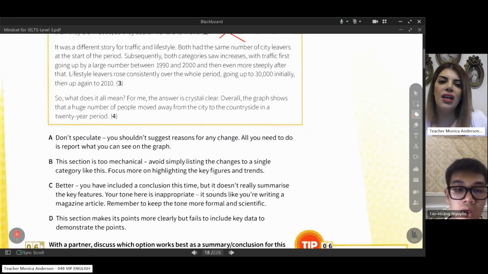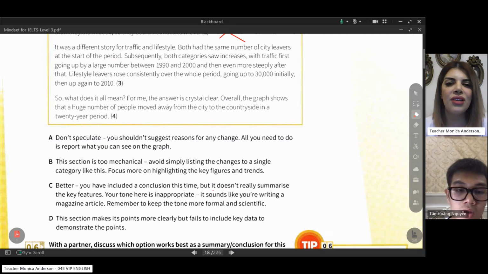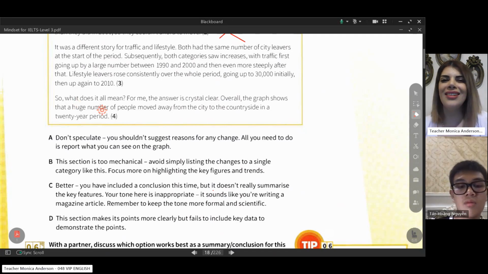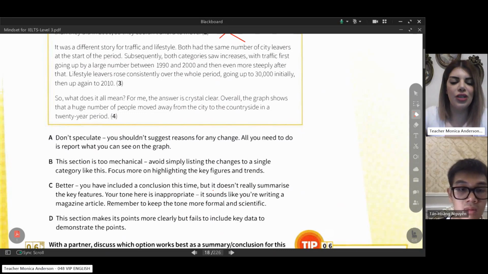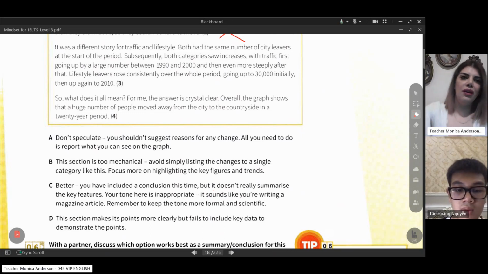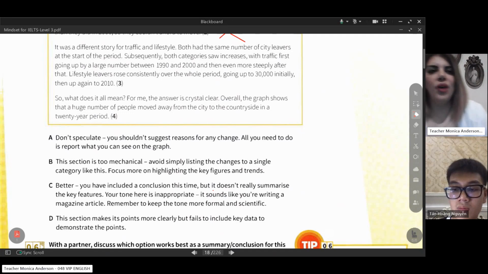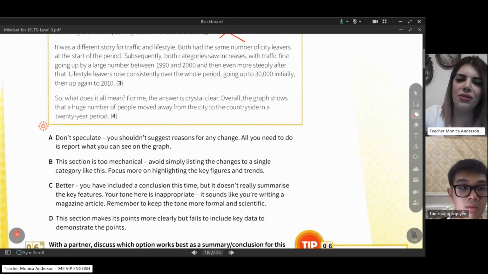So C. And as you can see, what is this? What does it all mean? This is the mistake: an inappropriate tone. It's not good language to use. It's not good to use something informal in this type of text.